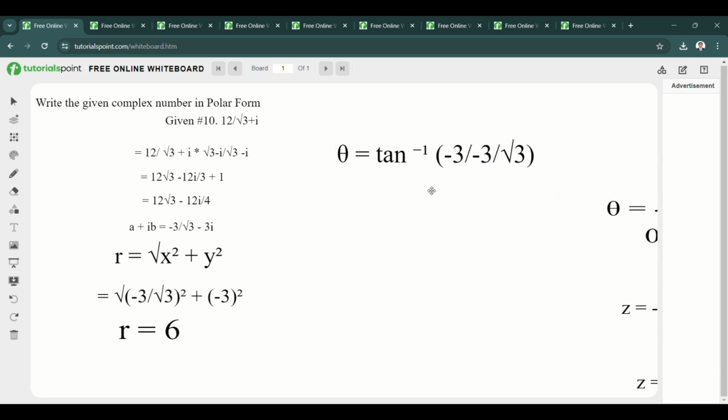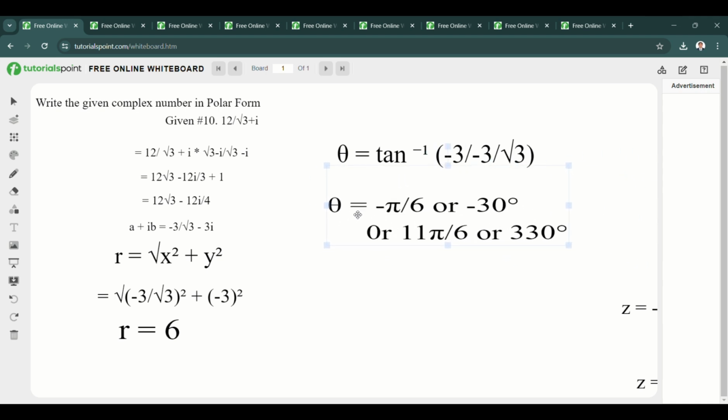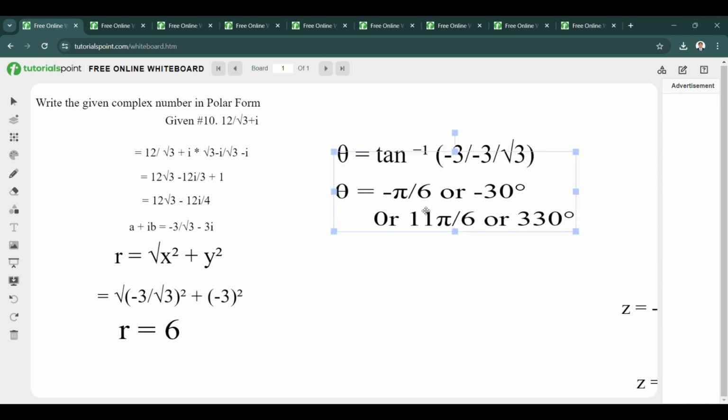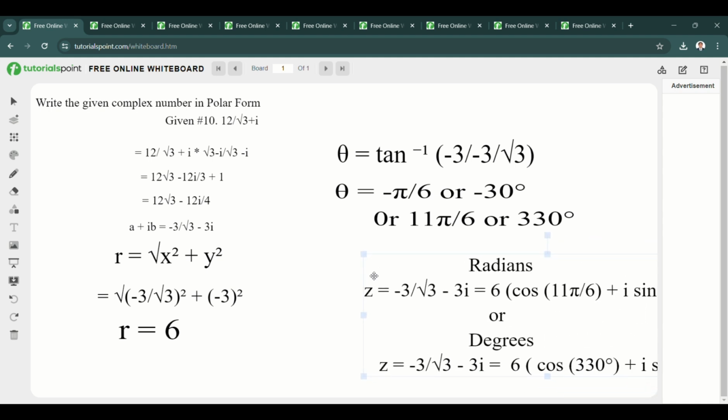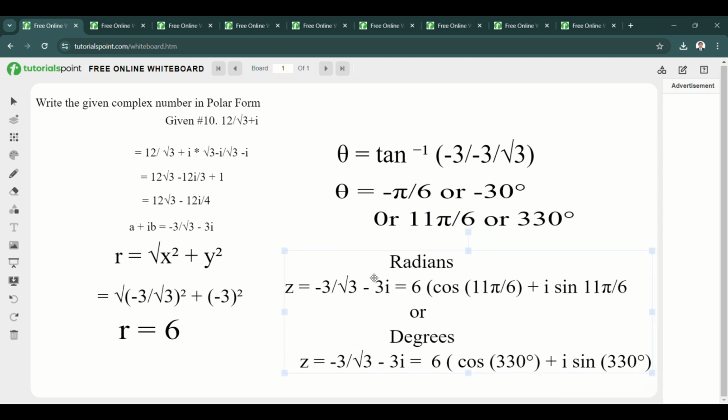So we have the value of y and the value of x. By evaluating it, we will find the value of theta. So we have the value of r and the value of theta. Then simply we will have the polar form, which is this value.